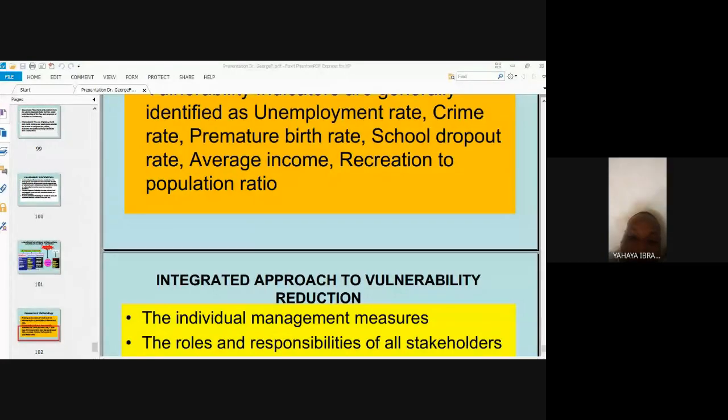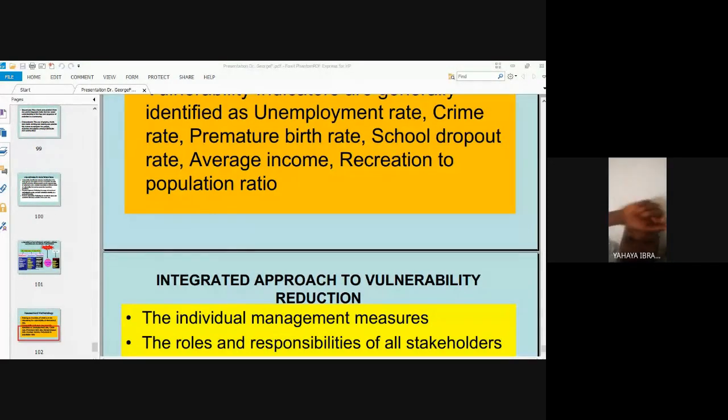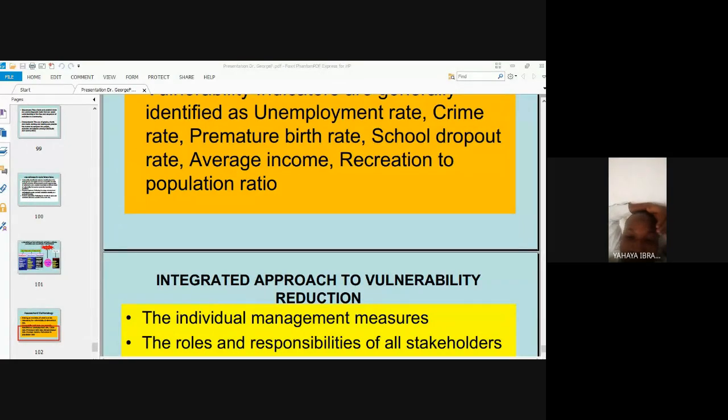So I want to use these presentations to look at it. As I said, I will share this one. Let me go through it once more, based on the interaction we had. Then I will share it with the IGNO officials, and they will in turn share with you. Okay, sir. Thank you, sir.